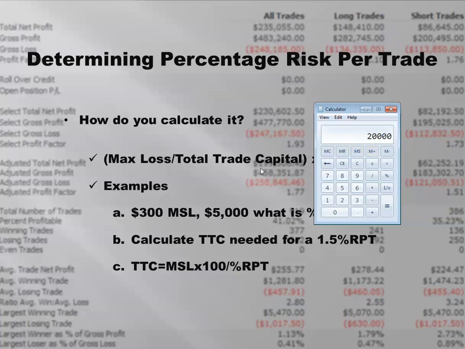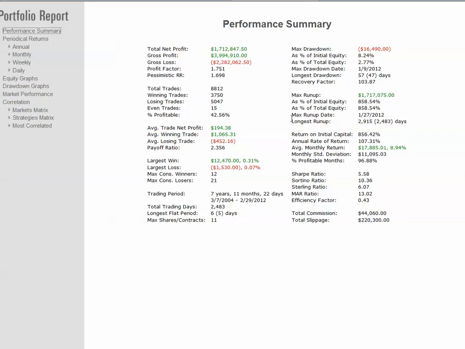Well, let's take a look at a professional example and see what professional traders do if they actually follow these rules. So this is a portfolio performance report that shows a largest loss of $1,530. Now, this is across 8 different systems traded in the futures market. This client uses $25,000 per contract.